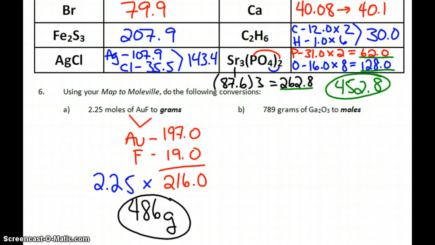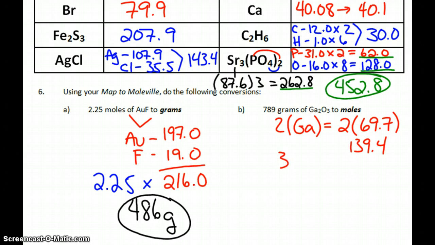To go from Mass City, grams, to moles, I have to divide by the periodic table. Gallium, there's 2 of them, so each gallium is 69.7. So 2 galliums will end up being 139.4.